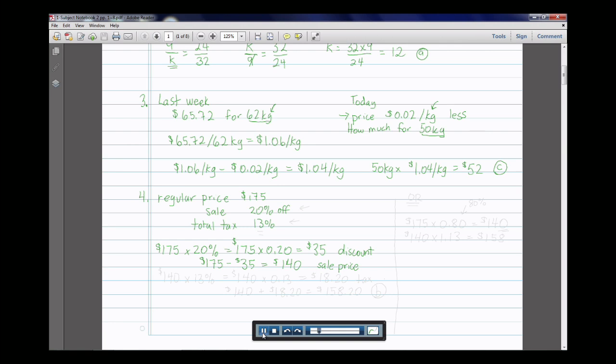They said, what is the closest to the total cost, including 13% tax, and you haven't done anything with that yet. So don't stop yet. You have to figure out what the total tax would be. If the sale price is $140, then you figure out what 13% of that is. So you multiply it by 0.13, and you find out that the tax is $18.20.